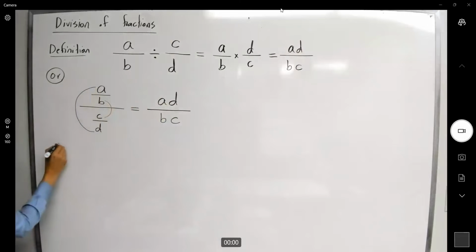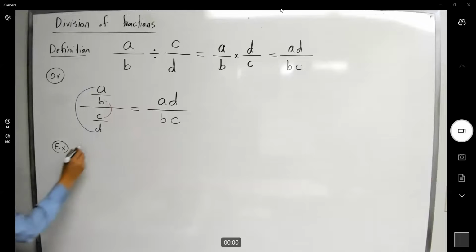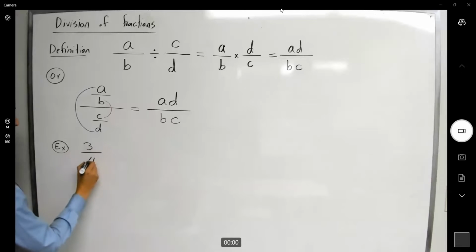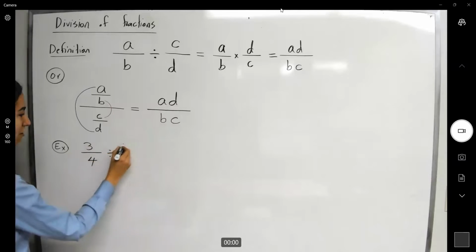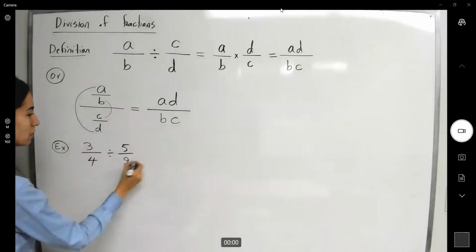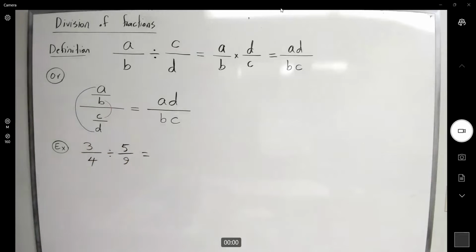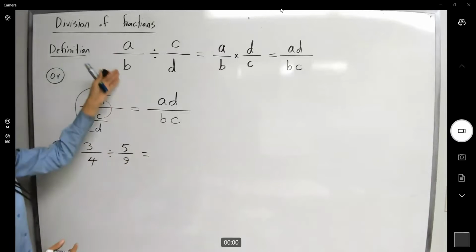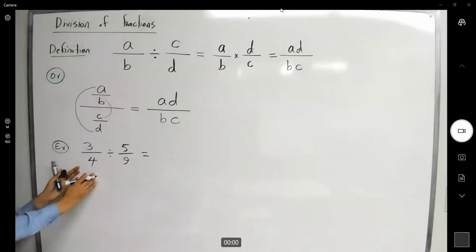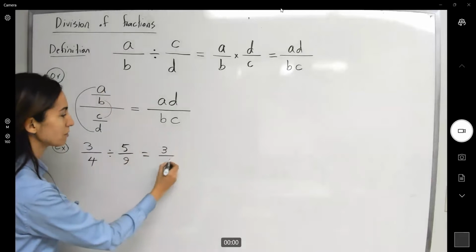For example, suppose I ask you to do the division. I ask you to divide 3 over 4 and 5 over 9. Okay, very well. Let's follow the definition. I'm going to copy down the first fraction, 3/4.